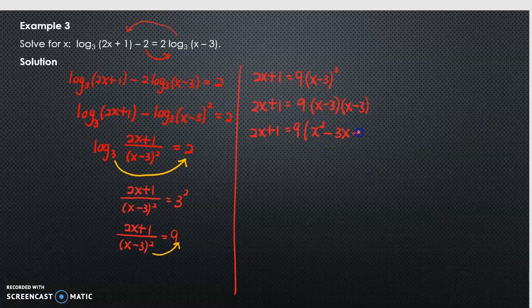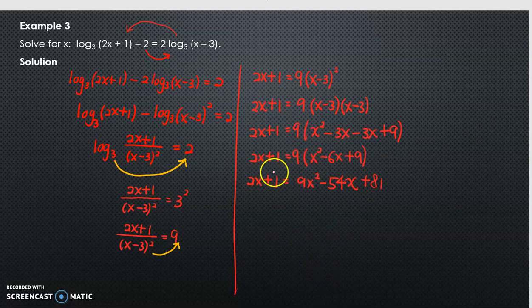Negative 3 times x, negative 3x. Negative 3 times negative 3, positive 9. So this is 2x plus 1 is equal to 9. This one I try to simplify, x squared minus 6x plus 9. Then I need to expand, so I will have 9x squared minus 54x plus 81.